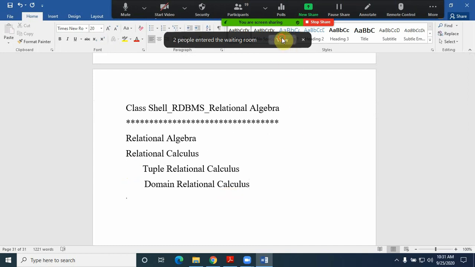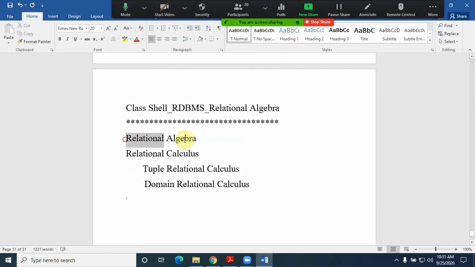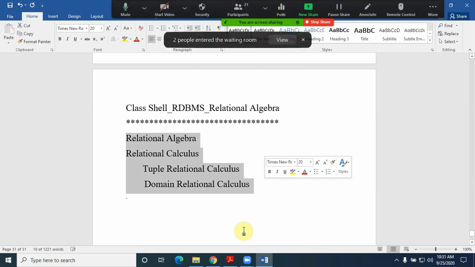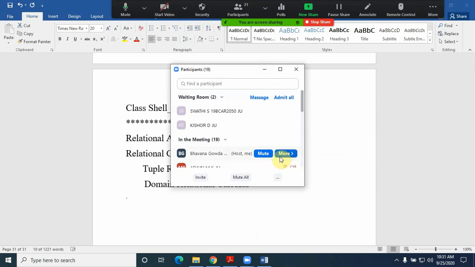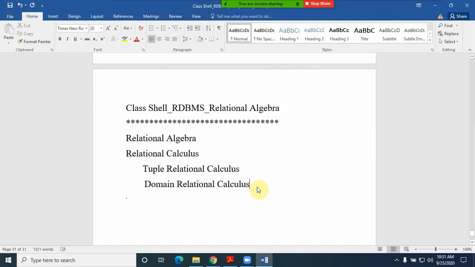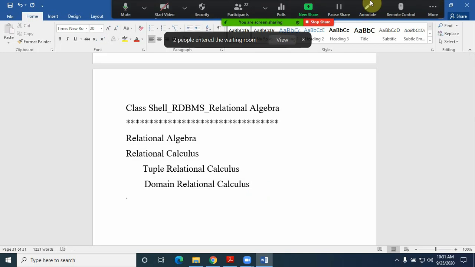Coming to relational algebra, friends, all these things are another way of representing the data. Suppose we have data and we want to solve certain aspects related to it, like the relational model. In the previous class, we saw what exactly a relational model is and which constructs are available related to it.